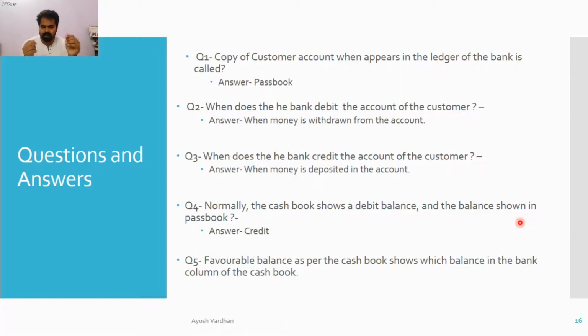The favorable balance in the cash book means a debit in the cash book side, so that is credit on the passbook side. If that is credit in the cash book side, that will be debit in the passbook side. And if that is debit in the cash book side, that will be credit in the passbook side. You have to be very clear about this when you are dealing with bank reconciliation.